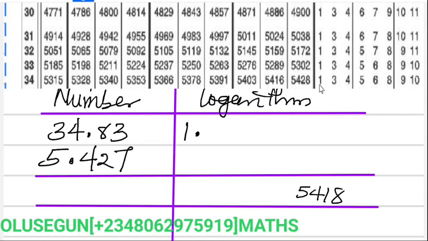Now, difference 3. It starts from 1, 2, 3. You have a difference 3. You are looking for 34 under 8 difference 3. Let me count it again.